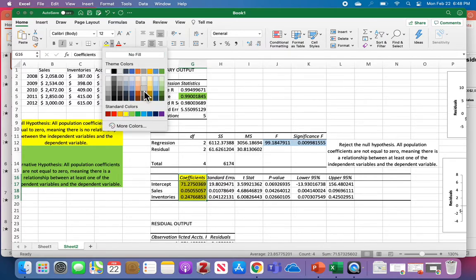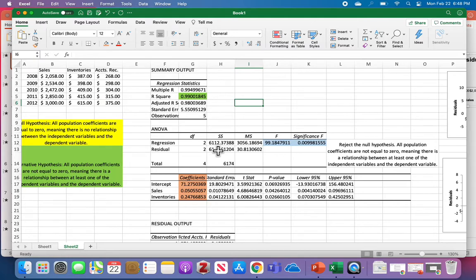Let's highlight those in orange. Those coefficients give us our model. So our y, our dependent variable, equals our intercept, which is 71.28, plus our sales coefficient of 0.05 times X1, which is our sales, plus our coefficient for inventories, we'll say 0.25, times X2.